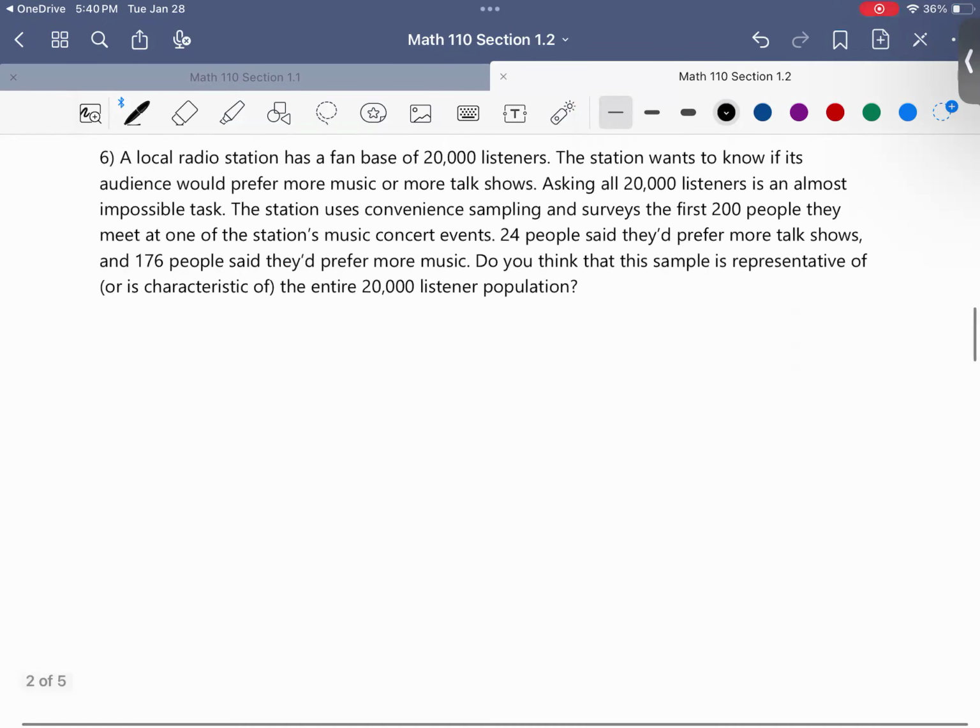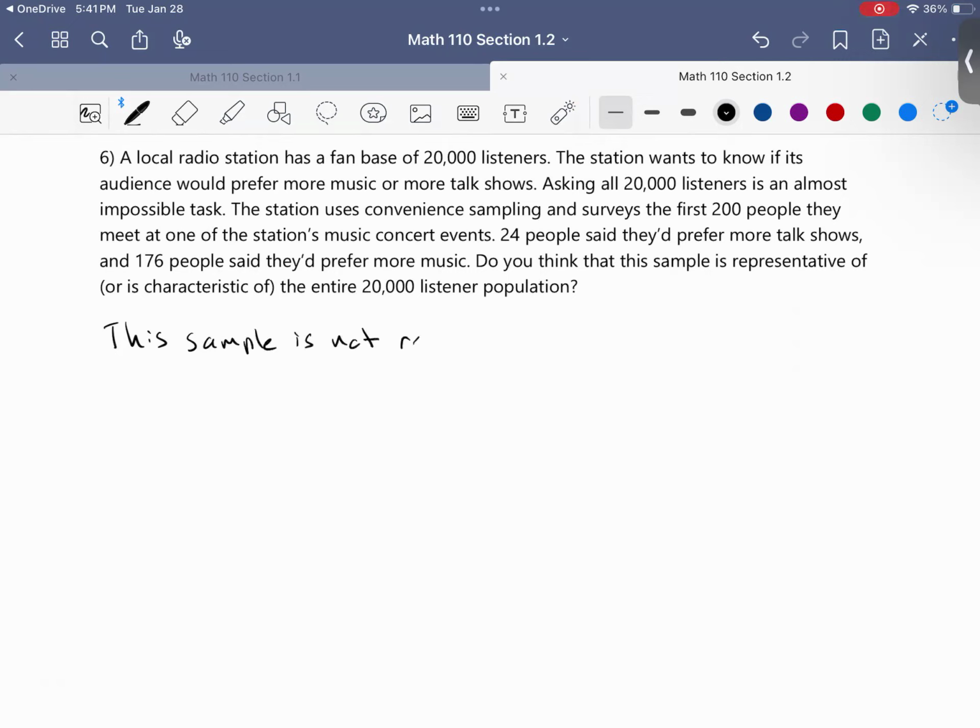For me, this sample is not representative of the population because it essentially is a convenient sample.